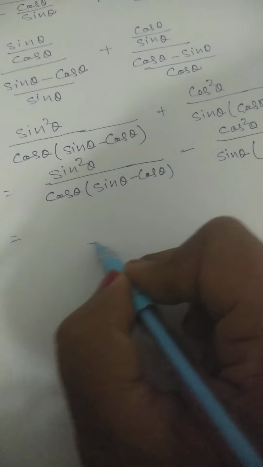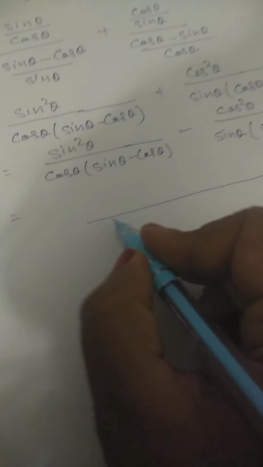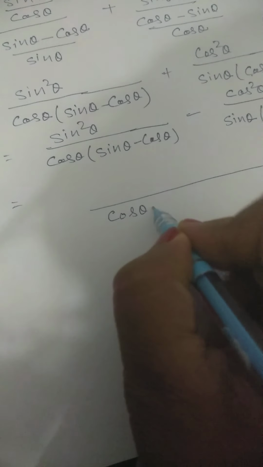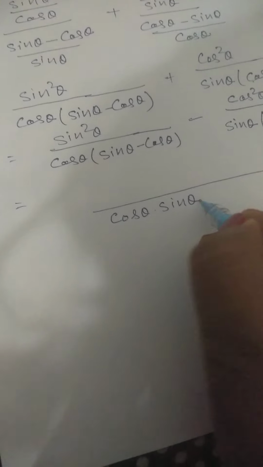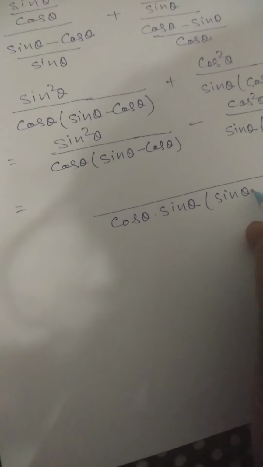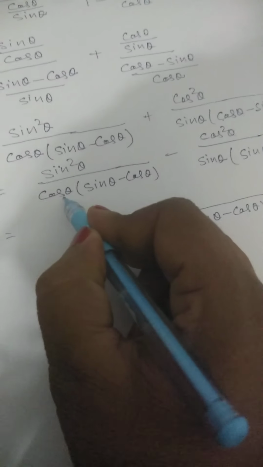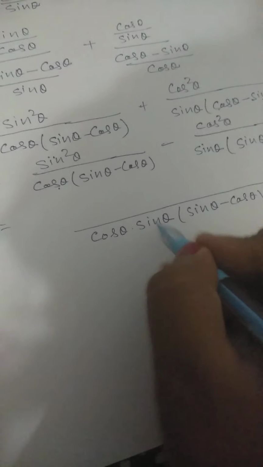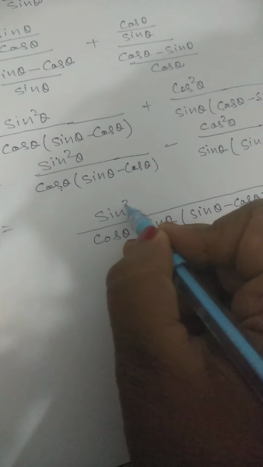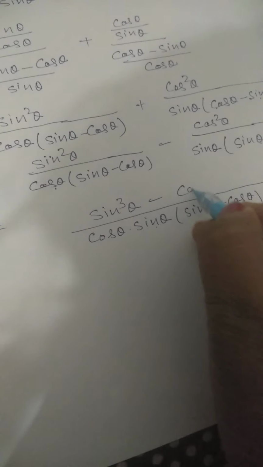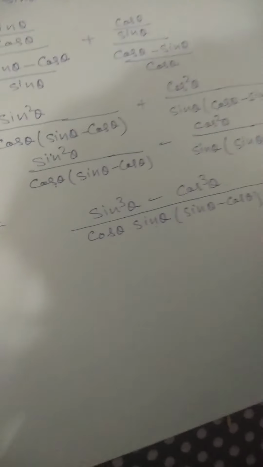At the place of cos minus sin, you can write like this, sin theta minus cos theta, and then take the LCM, cos theta into sin theta, minus cos theta. Sin cube theta minus cos cube theta.